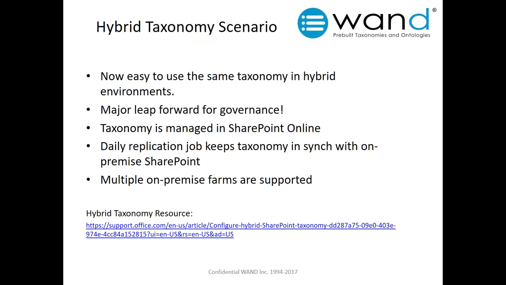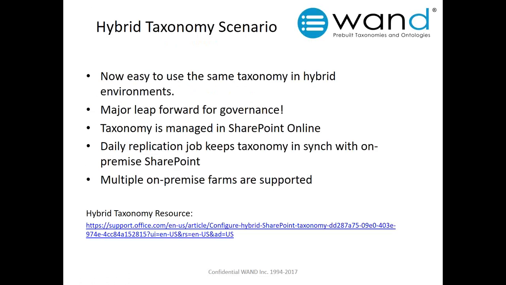Previously, there wasn't an easy way to synchronize the taxonomies between your SharePoint Online term store and your SharePoint on-premise term store. People in hybrid environments struggled quite a bit with using a consistent taxonomy. So this hybrid scenario is a major leap forward for governance and consistency.